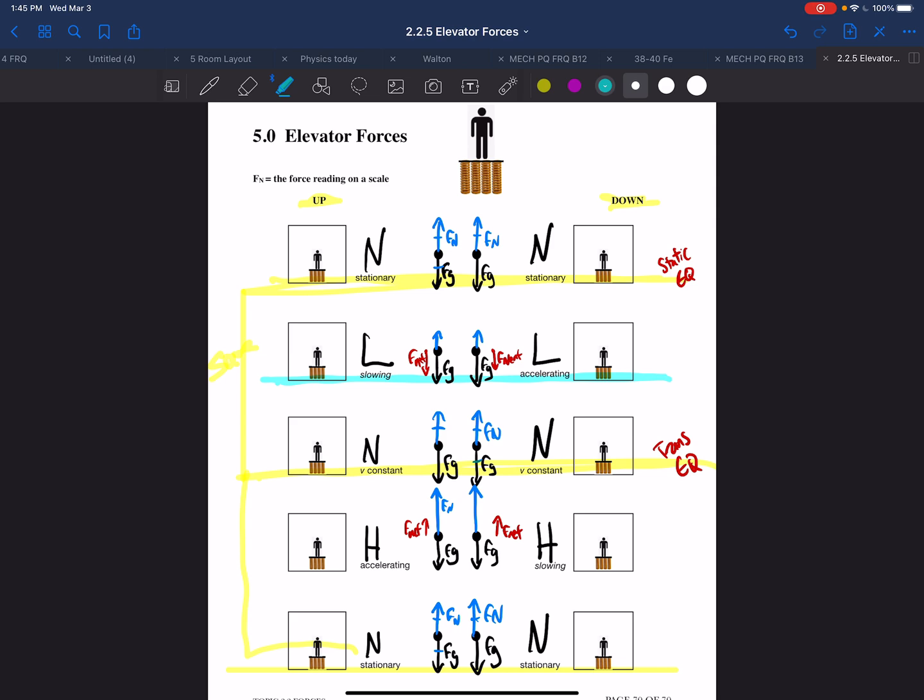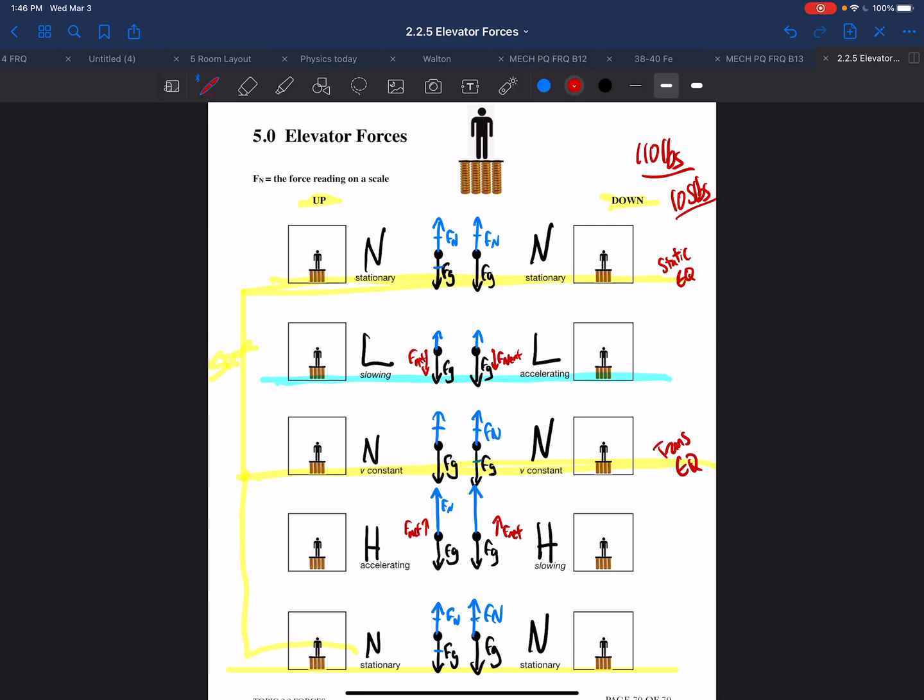In other words, if you were in an elevator and you woke up and you knew you weighed 110 pounds normally, but you look at the scale and the scale reads 105 pounds, you could not distinguish between slowing down on the way up, or speeding up on the way down. You could not tell. Those motions feel exactly the same, and the forces are exactly the same.